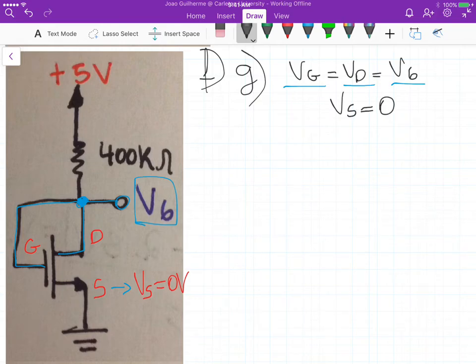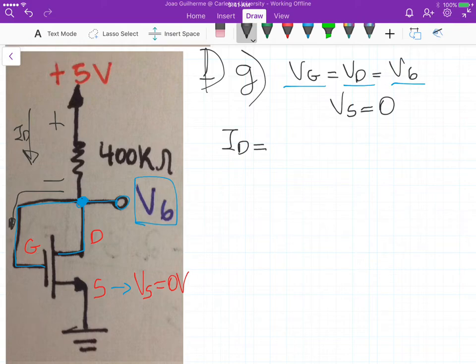Now to calculate ID, we can calculate using Ohm's law over here. So this current here, that's ID. And why is it ID? Because there's no current flowing here at the gate.